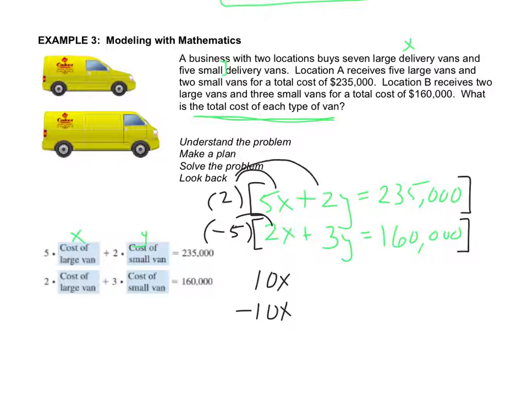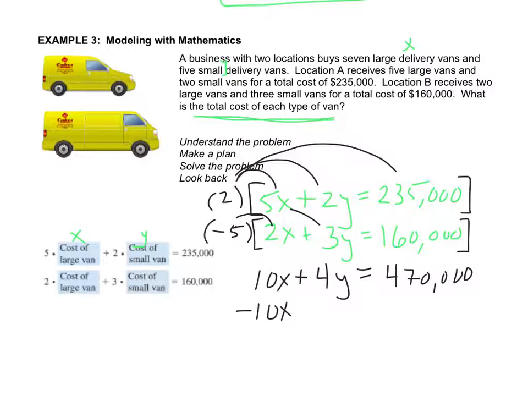So 2 times 2y is 4y. 2 times also, remember on the other side as well, now I get 470,000. Negative 5 times 2x we said is negative 10x.